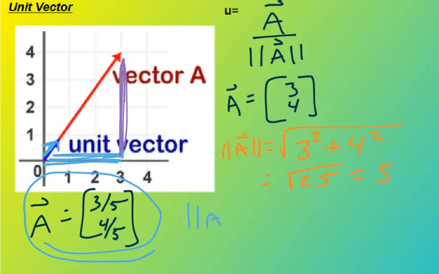I'm not going to go through it right now, but I got to be better about this, so I'm actually going to use the hat notation. So a hat, okay? If I find the magnitude of a hat, I guarantee you it's going to be 1. It's going to be a vector there of length 1.